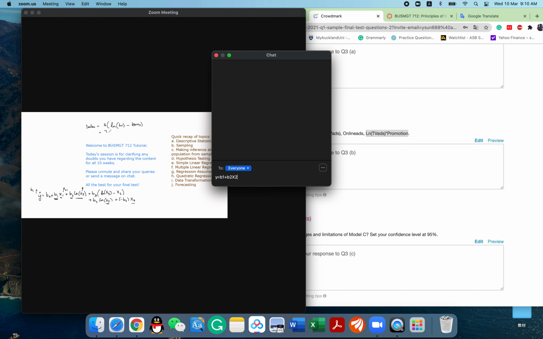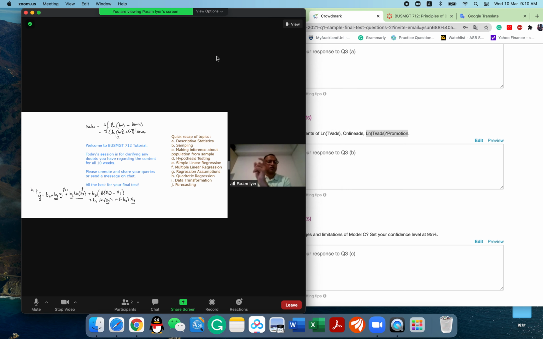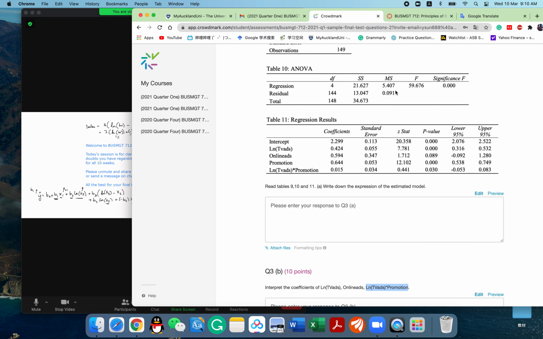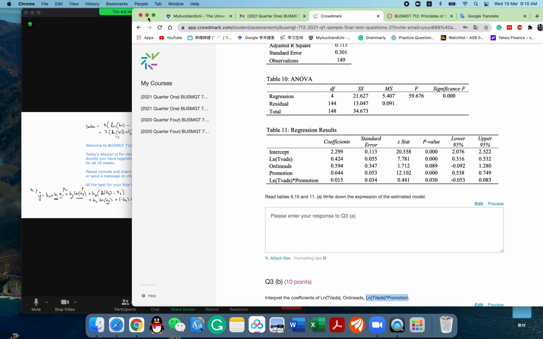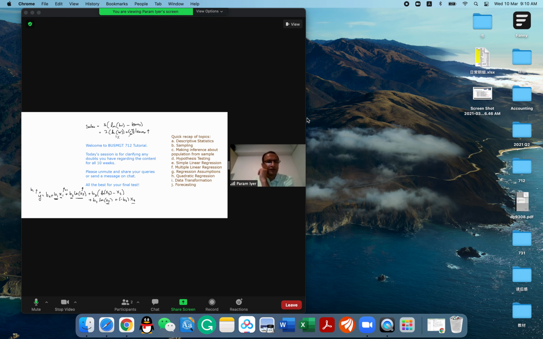You can expand this as 3 times log of hours minus 3 times leaves, or the same as plus negative 3 times leaves. Then you can give the interpretation that if hours goes up by 1%, then sales goes up by 3 divided by 100. And for leaves, if leaves goes up by 1 unit, then sales goes down by 3 units, because this is negative 3. Does it make sense?